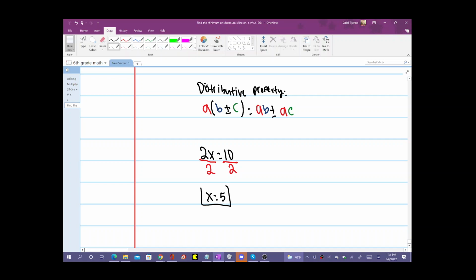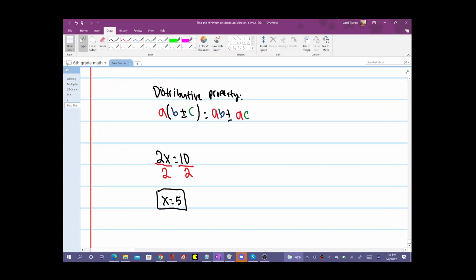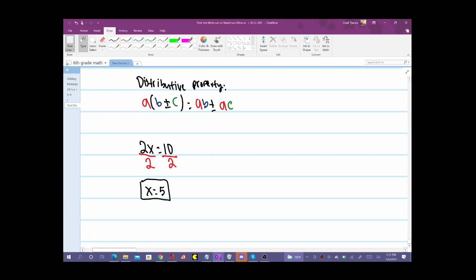Okay, and then what about if it's negative? So negative 2x equals 10.